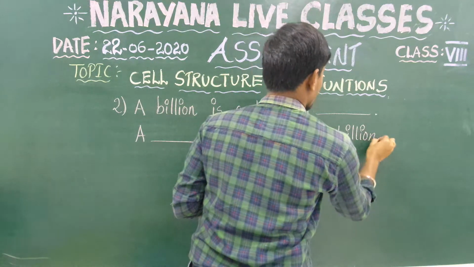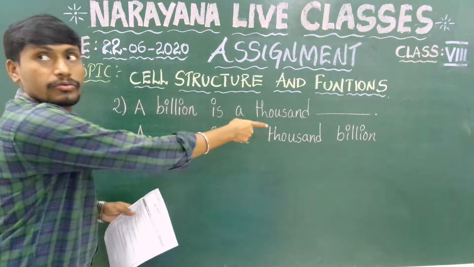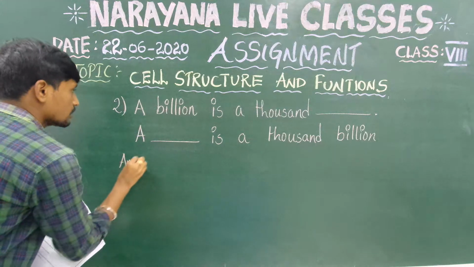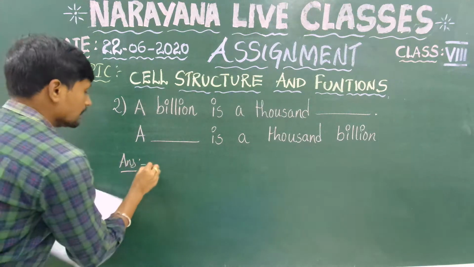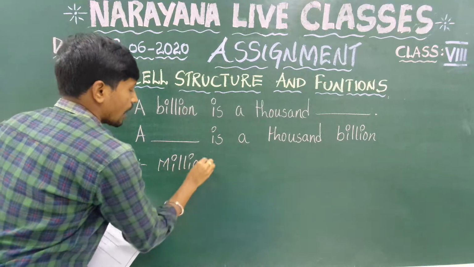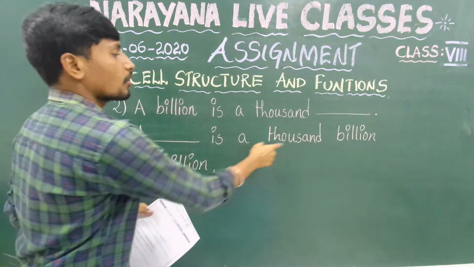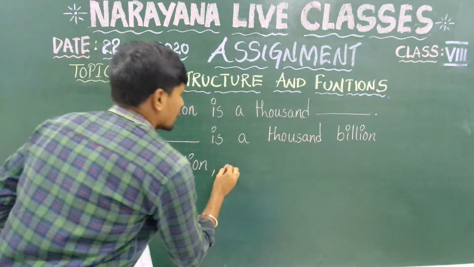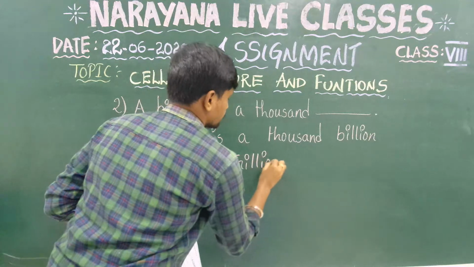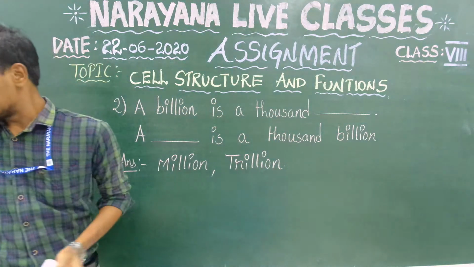So what are they asking here? They are asking about a billion is a thousand dash. The answer is million. And the second one, a dash is a thousand billions. It is trillion. Okay, fine.